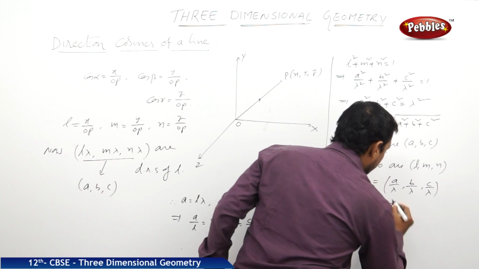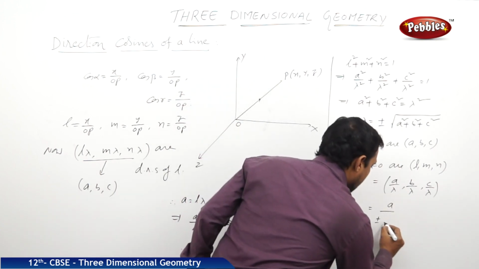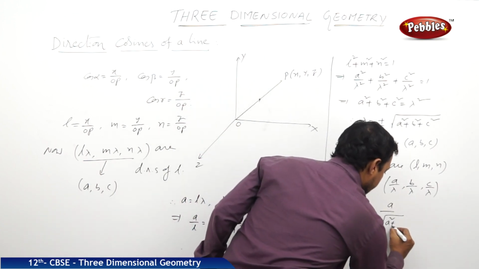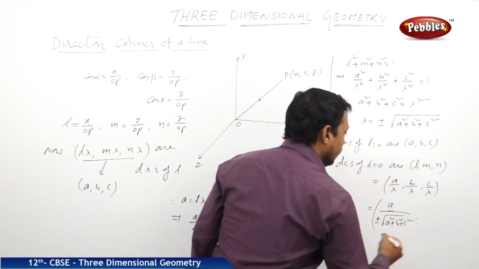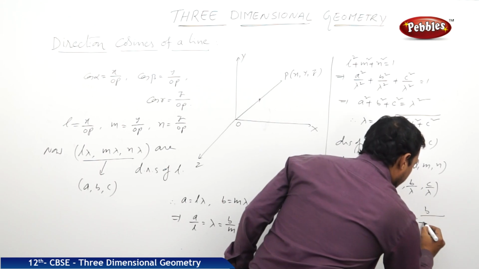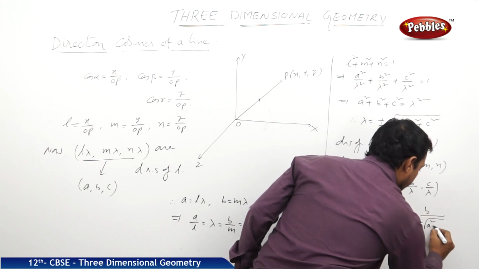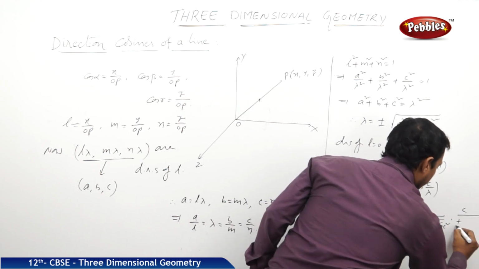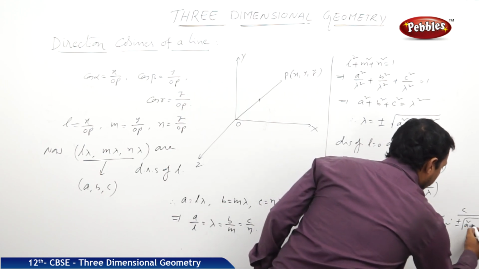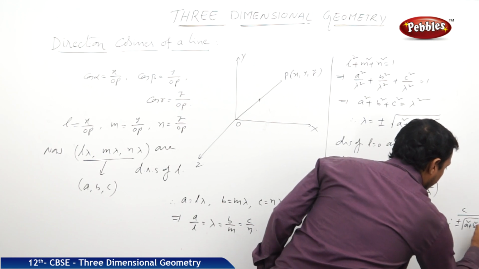Therefore, where lambda is equal to plus or minus root A square plus B square plus C square, the direction cosines are A by plus or minus root A square plus B square plus C square, B by plus or minus root A square plus B square plus C square, C by plus or minus root A square plus B square plus C square.